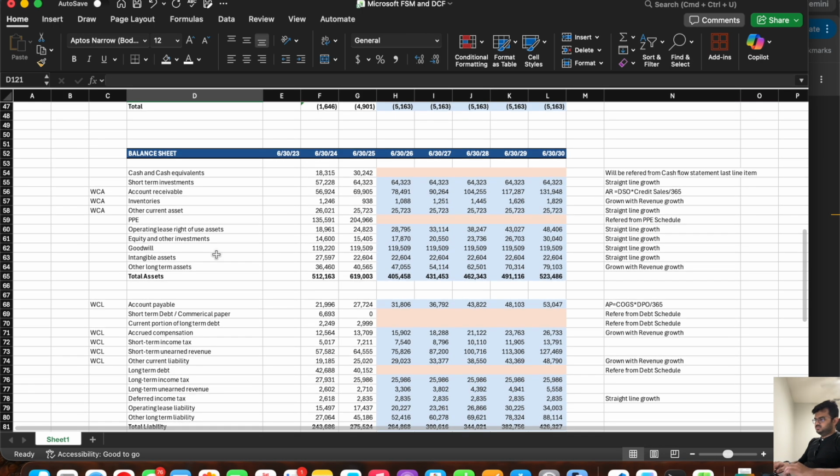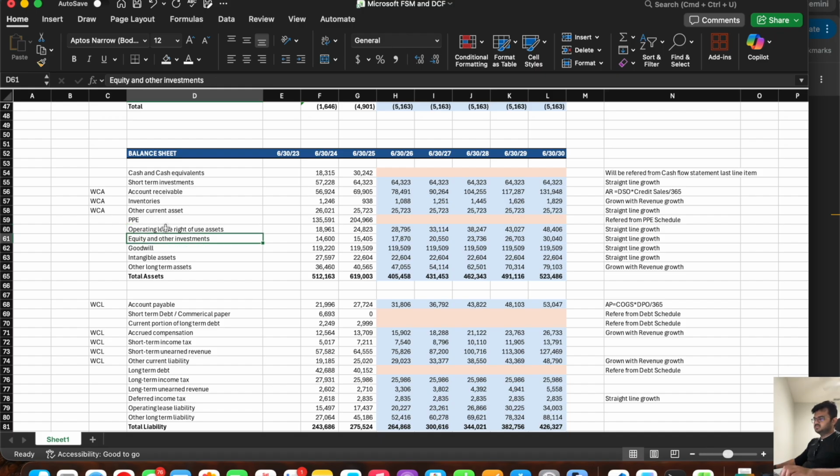Let's see if we are missing anything. Yeah, since we are doing the reconciliation, we are missing these: operating lease right-of-use assets. This is pretty much a long-term item, and I'm thinking about the best place to put it.